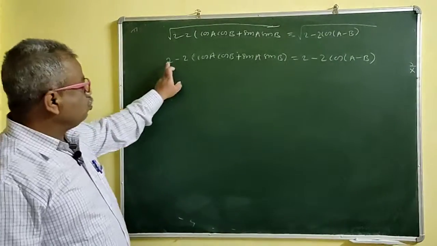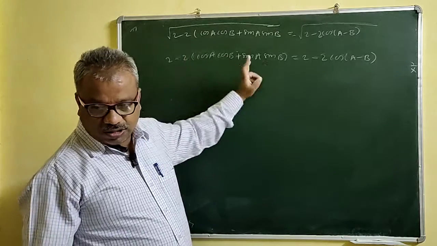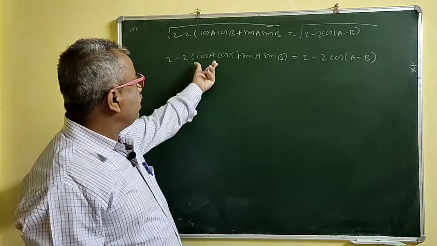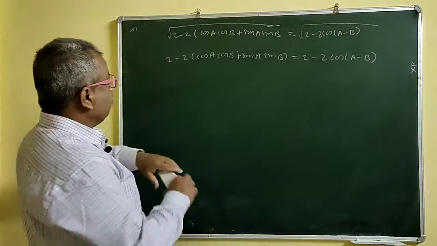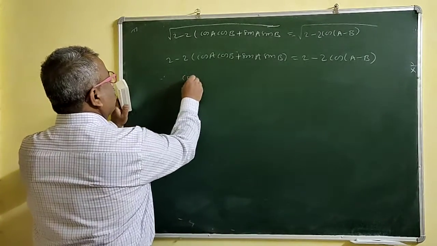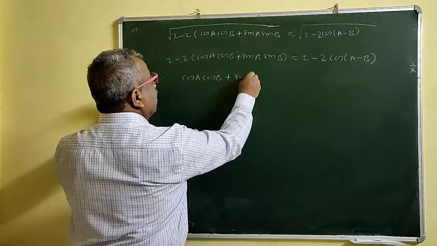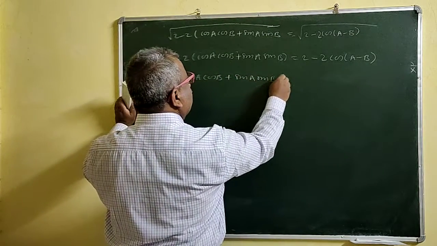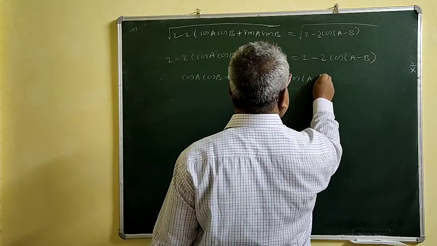We'll take the square. Now see here, the 2 has the same sign, so 2 gets cancelled, and this minus 2 gets cancelled. So what we get then? Cos a cos b plus sin a sin b is equal to cos of (a minus b).